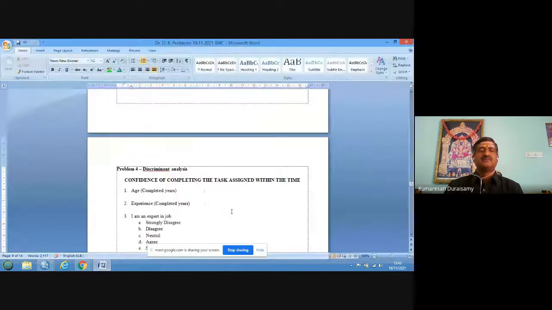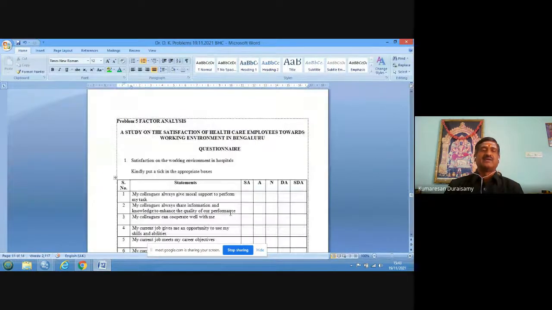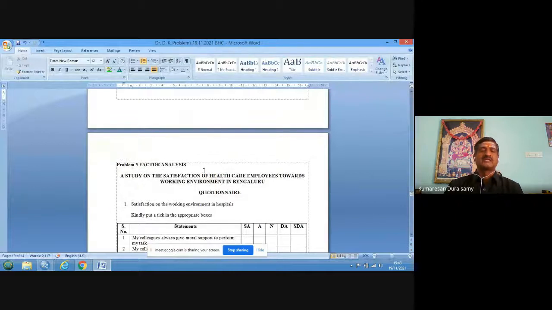And finally, we are going to discuss factor analysis. In the case of multiple regression, we had one dependent variable only and more independent variables.